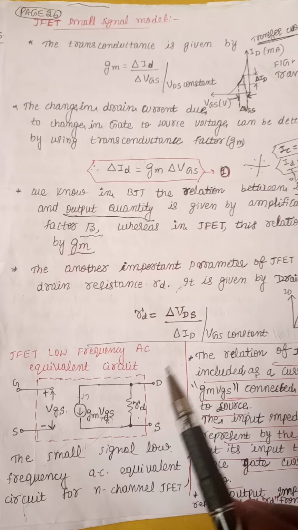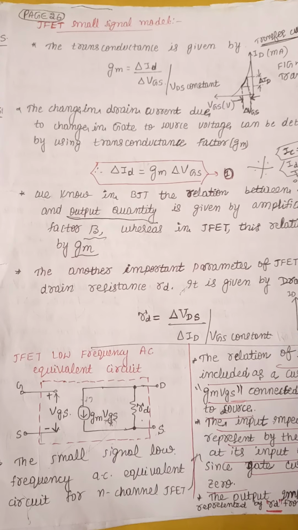In today's class, I am going to discuss the FET small signal model. This one we call the JFET low frequency model. In order to draw this model, you have to derive two parameters. The first one is transconductance, the other one is drain resistance.